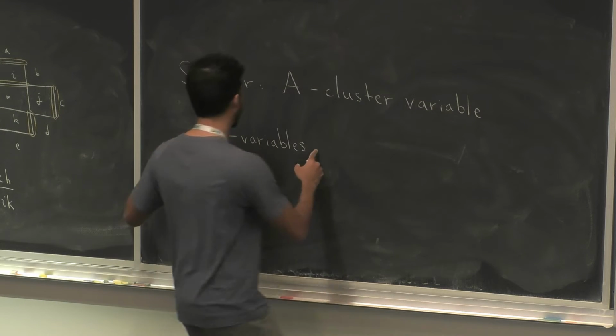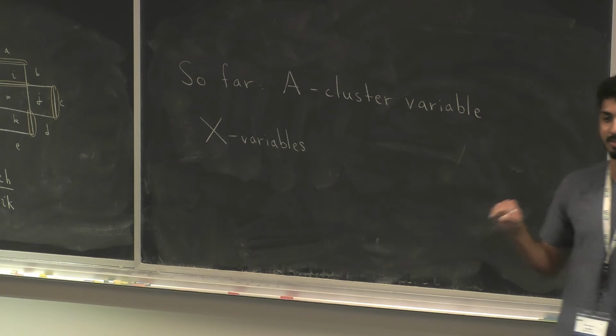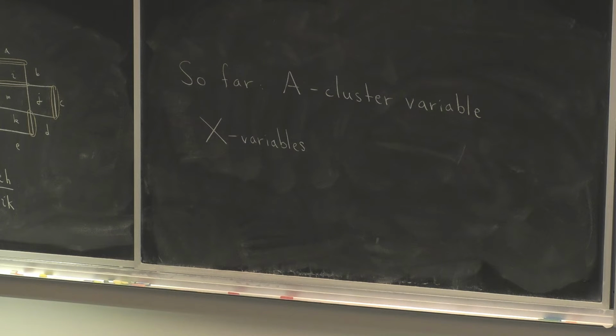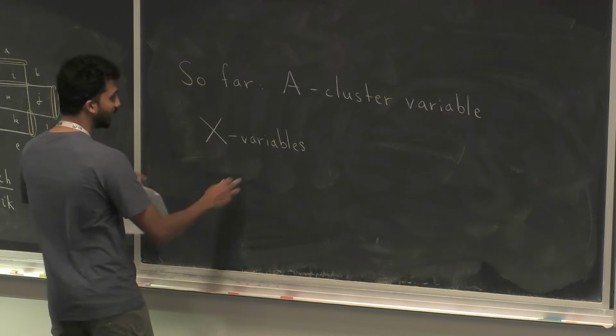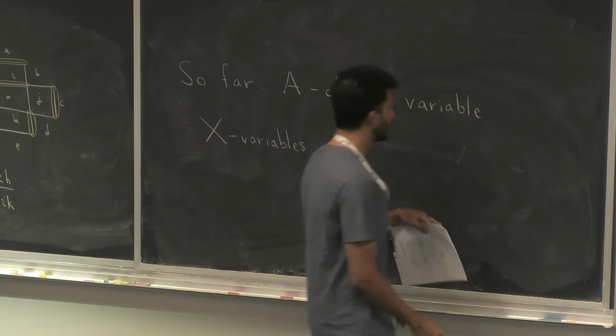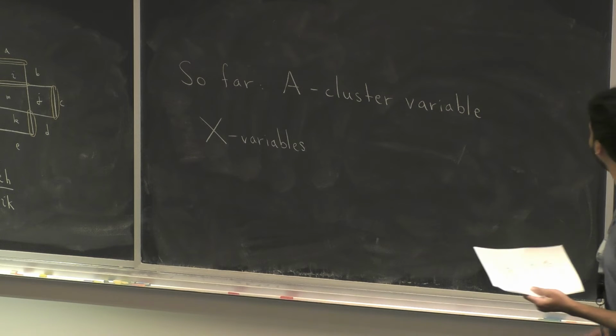They are both associated to the same data. So you have a quiver, except instead of having these A cluster variables at faces, you have a different kind of cluster variable at faces, which transforms according to a different rule. And the way this shows up in the dimer model, and we'll discover what the rule has to be by looking at the dimer model, is as follows.